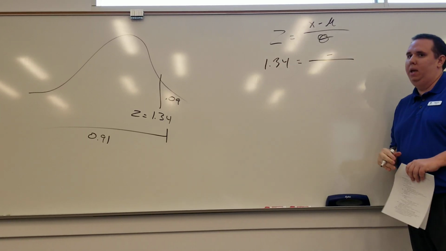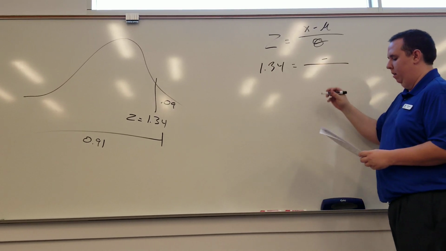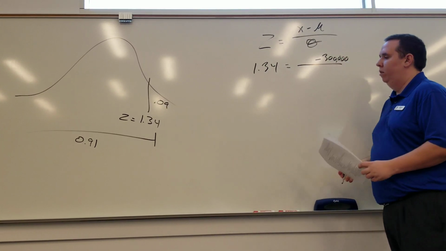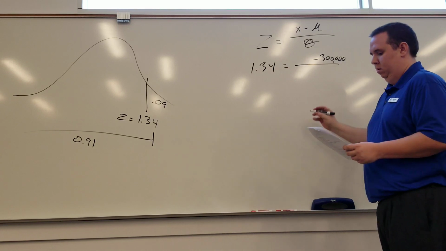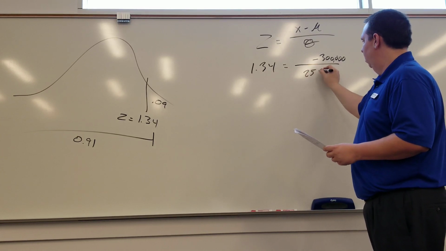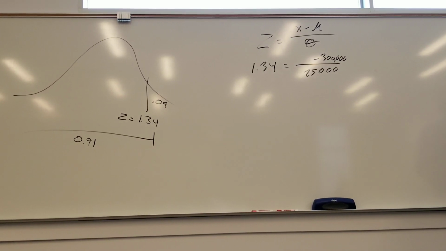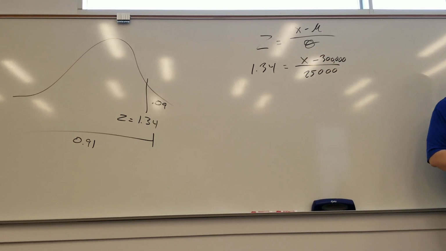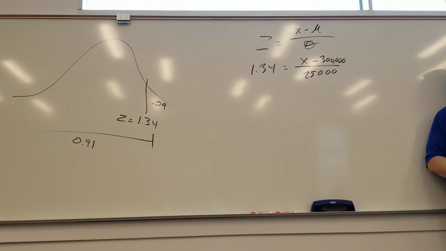What's our mean? 300,000. What's our standard deviation? 25,000. So we're looking for X, right? So now what do we do?